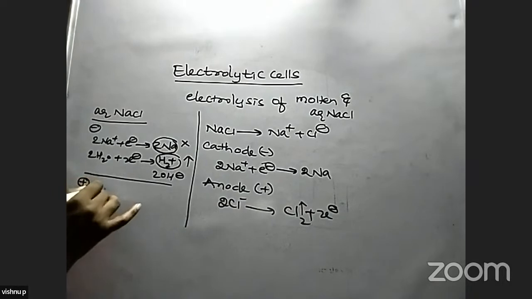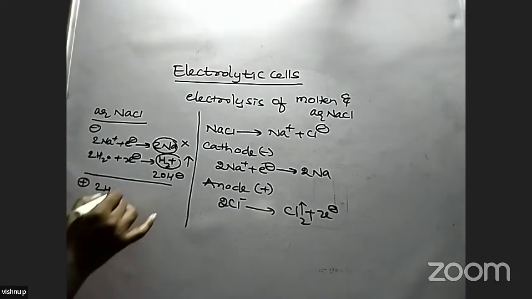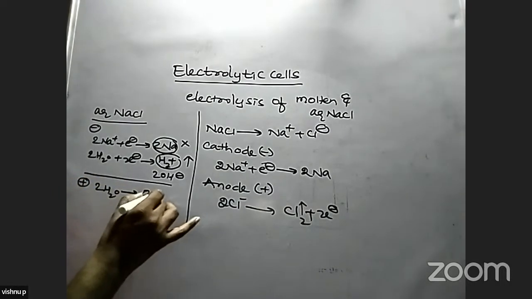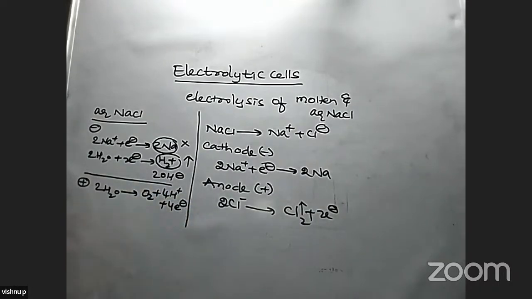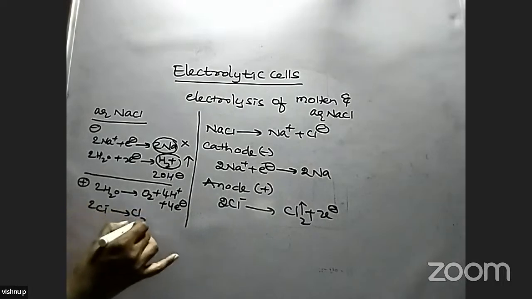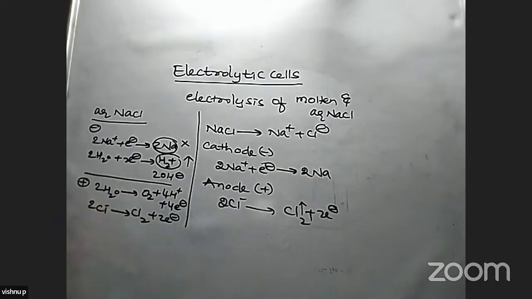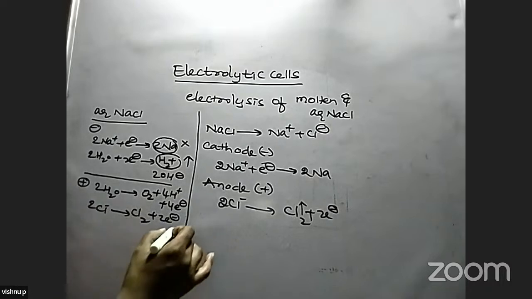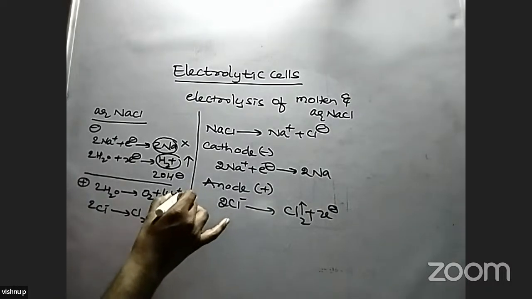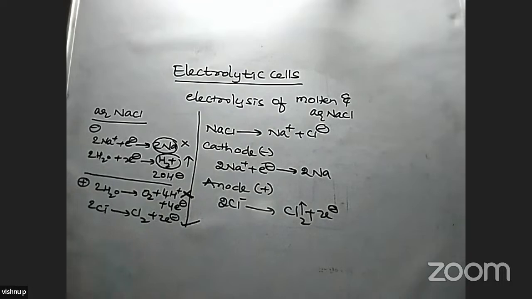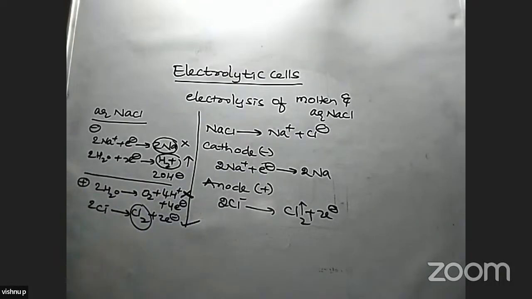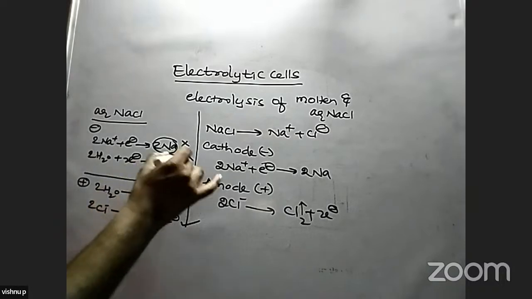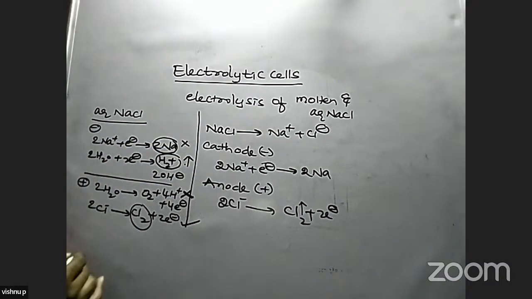At the anode, again, water is converted into O2 plus 4H+ by losing electrons, and also Cl- gives Cl2 by losing electrons. The oxidation potential of chlorine is more than that of oxygen. So in this case, chlorine is evolved at the anode and hydrogen is evolved at the cathode.